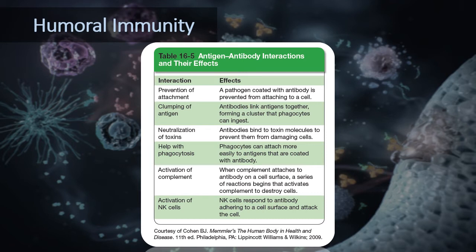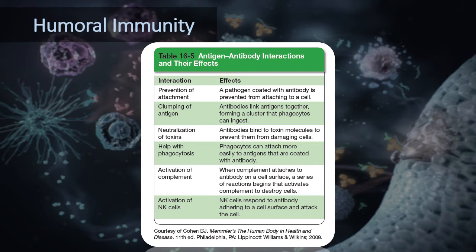Next, we have the neutralization of toxins. Antibodies bind to toxin molecules and prevent them from damaging cells. Next, help with phagocytosis. Phagocytes can attach more easily to antigens when they are coated with an antibody.